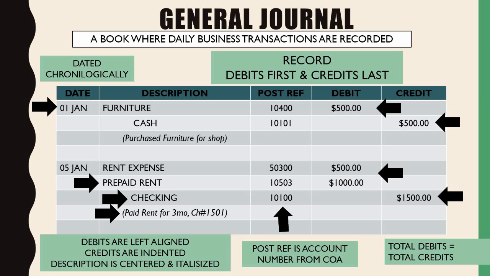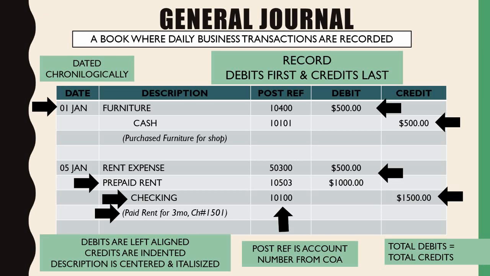But the rule of thumb is you're generally going to put your debits first, and they are always going to be left aligned, okay? Your credits, on the other hand, are always going to be indented, okay? This is so then when you look at your journal transaction, you can immediately recognize, okay, boom, I can see my debits clearly and I can see my credits very clearly, okay?